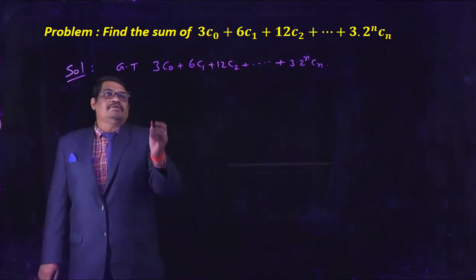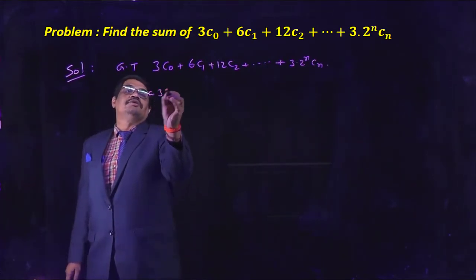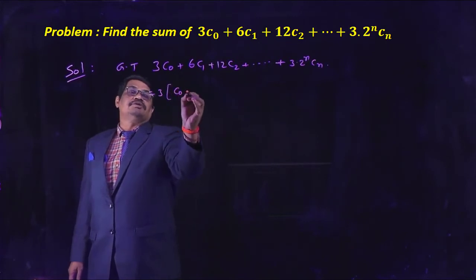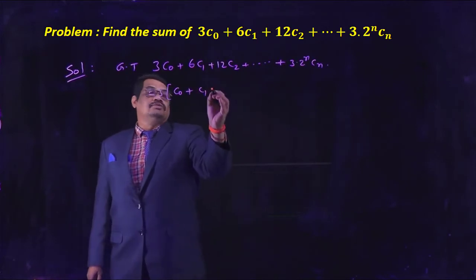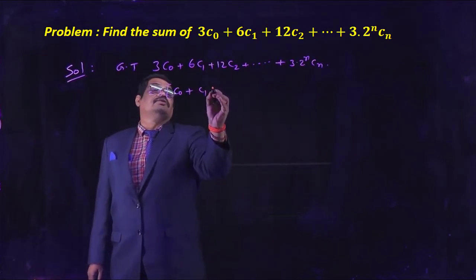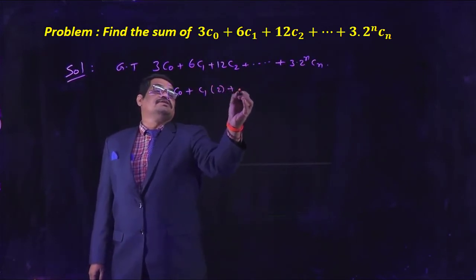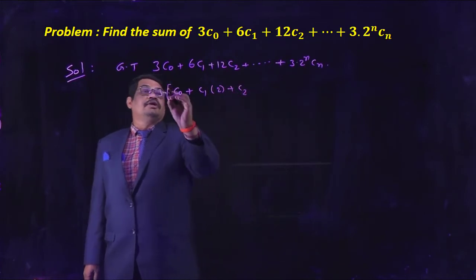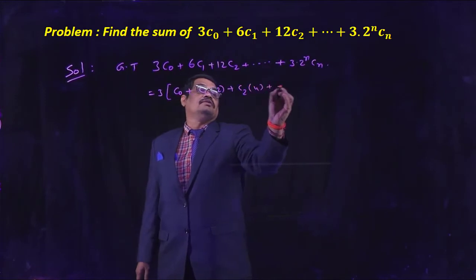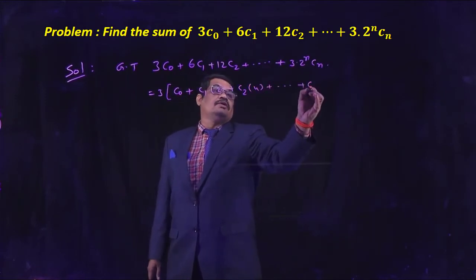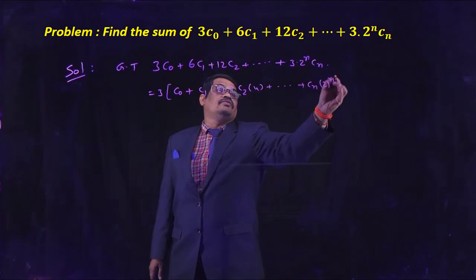In that, 3 is common. Taking 3 common, we have c0, then c1 with 3 into 2, that is 6, so 2, plus c2 with 4, and so on, up to 2 to the power of n.